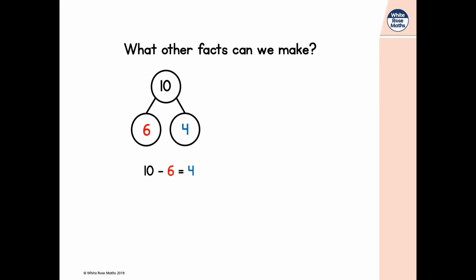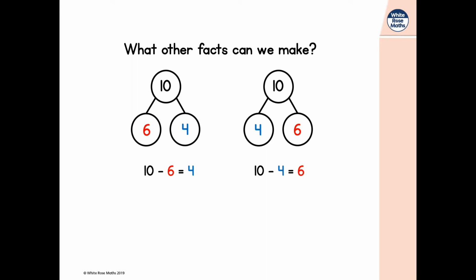I can think 10 subtract 6 equals 4. And there's actually one more subtraction fact we can make. We could say 10 subtract 4 equals 6. So now we have two more facts using the same group of numbers.